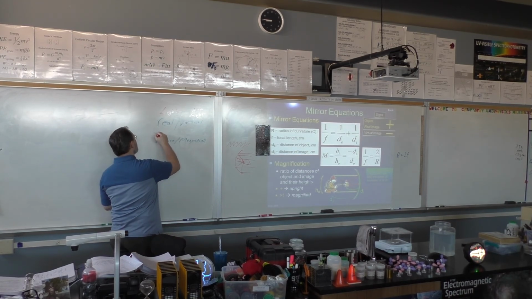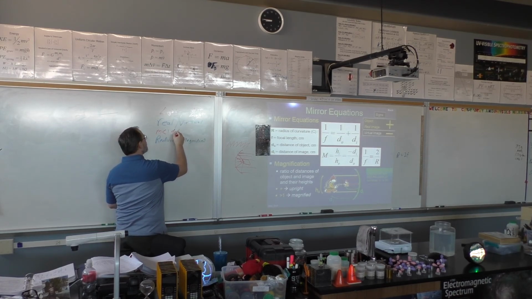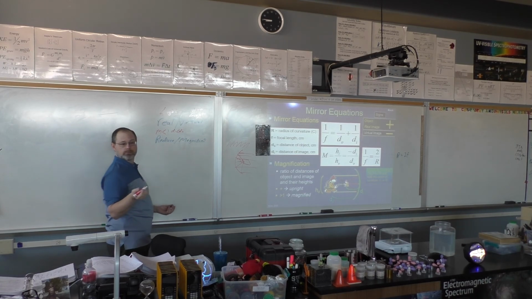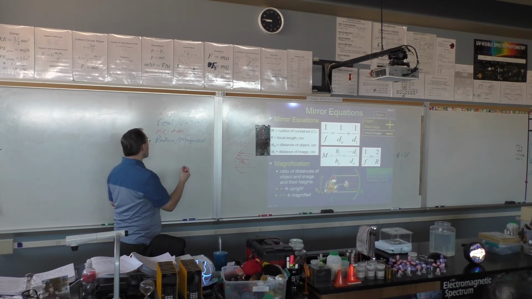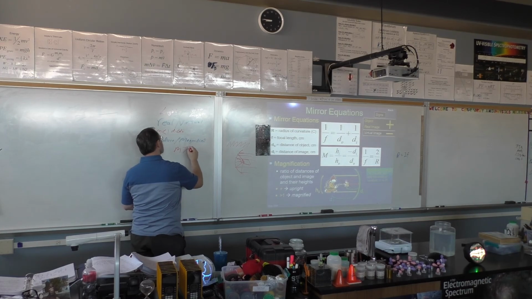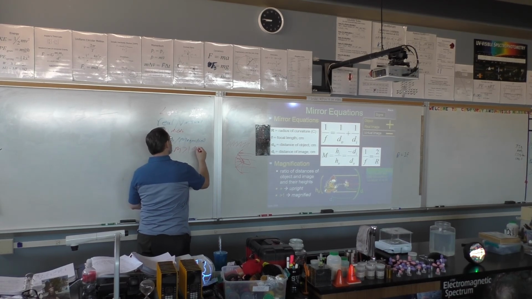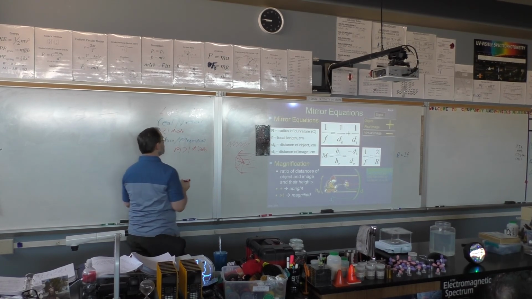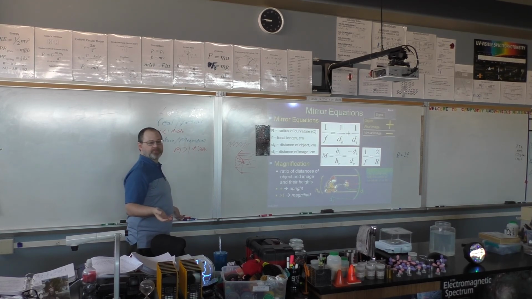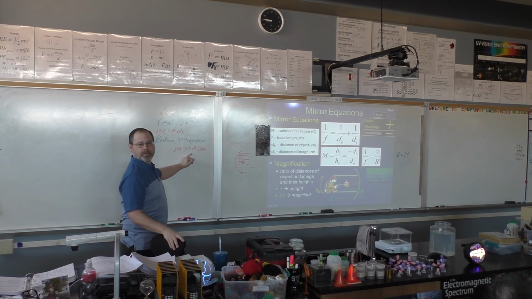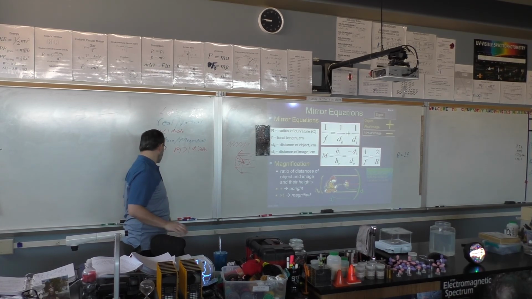You would say the M is less than 1, or the DI is less than the DO. That's reduced. For magnified, your M is larger than 1, and the distance of the image is larger than the distance of your object. So bigger than 1, smaller than 1.